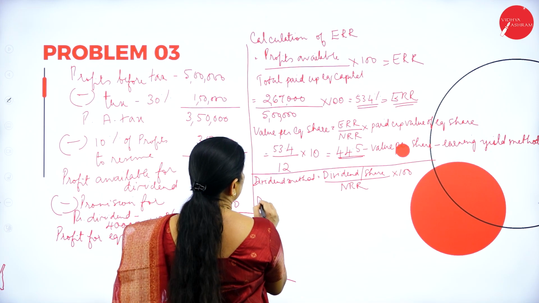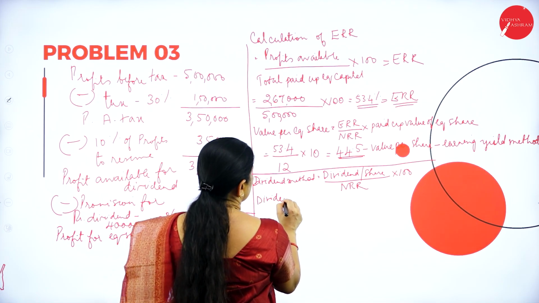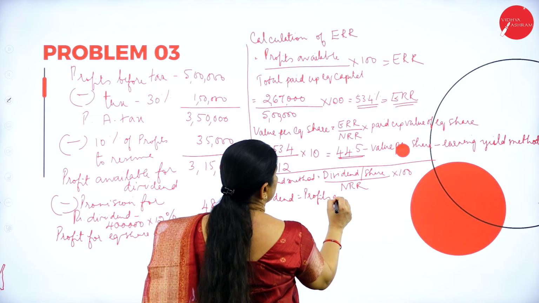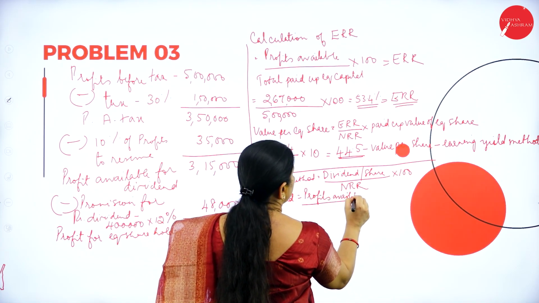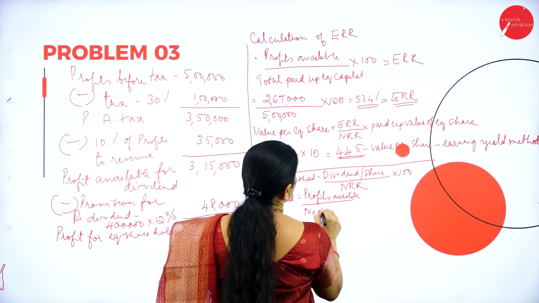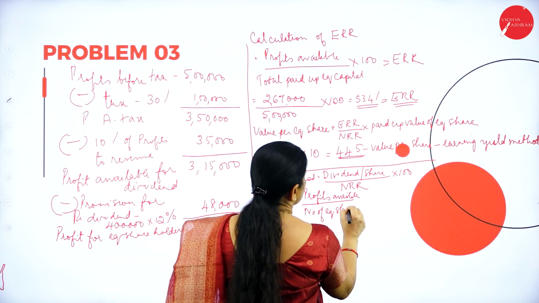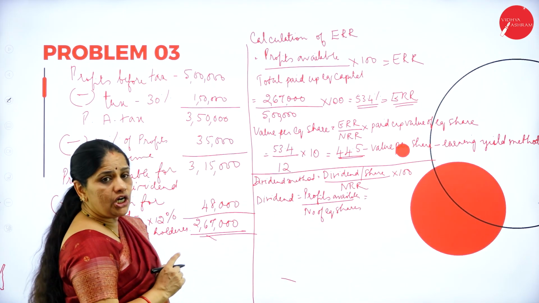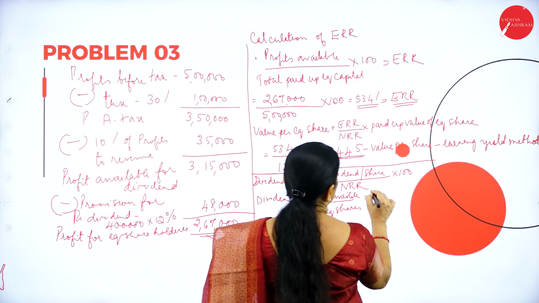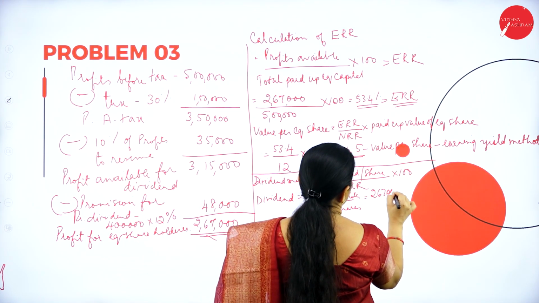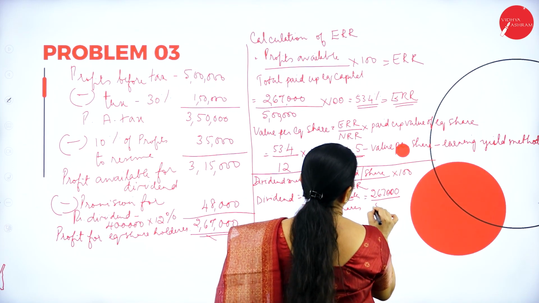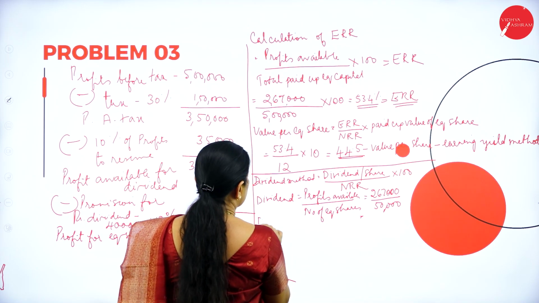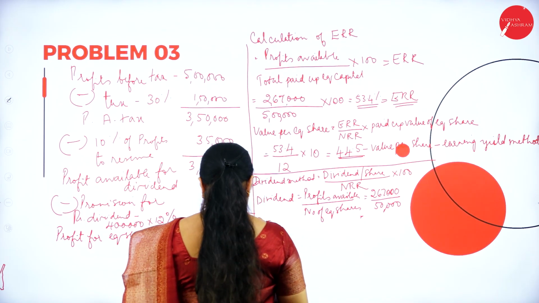Now, dividend equals profits available divided by number of equity shares. What is the profits available? 2,67,000. What is the number of equity shares? 50,000. So, the dividend equals 5.34.